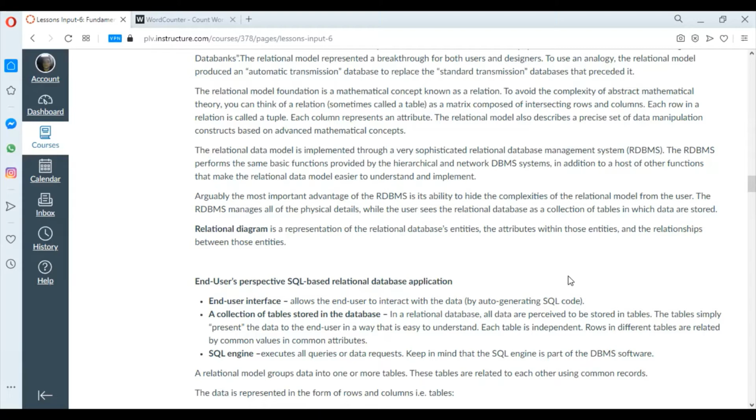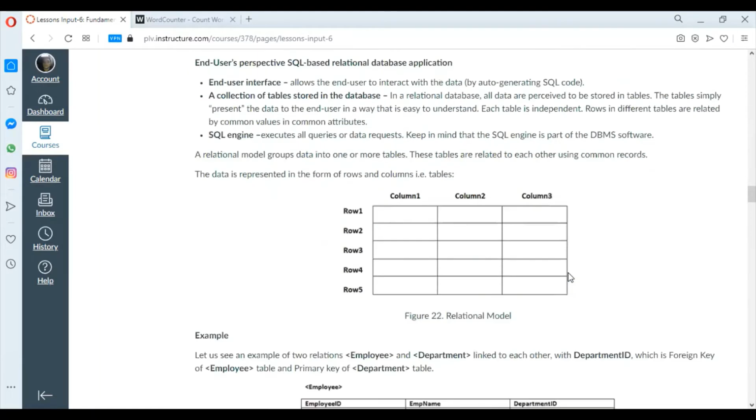They present the data to the end user in a way that is easy to understand. Each table is independent, and rows in different tables are related by common values in common attributes. And lastly, we have an SQL engine which executes all queries or data requests. The SQL engine is part of the database management system software.